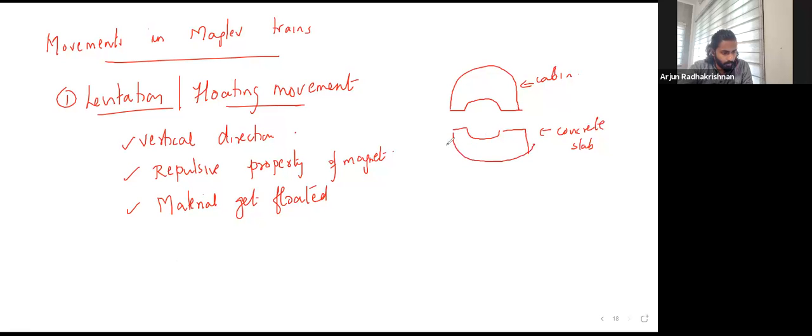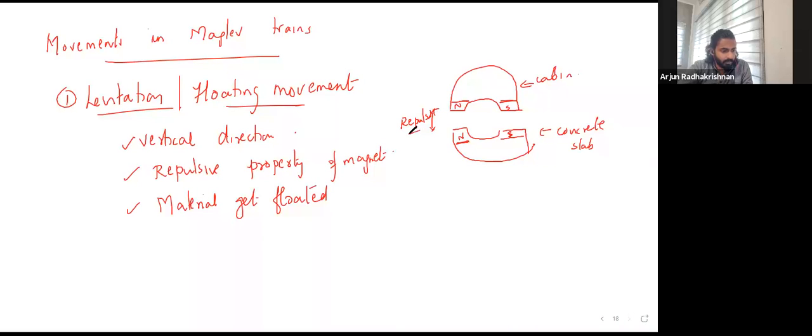So we will keep like poles: this is a north pole in the slab, there will be a north pole in the cabin, and south pole and south pole will be kept near. So what will happen? There will be repulsion.